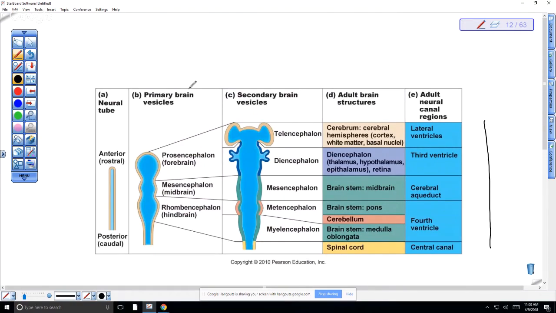And then we have a third ventricle, so that's 1 and 2, since there's 2 of them. We have a third ventricle, which is in the diencephalon. And then we have this little tiny cerebral aqueduct that goes down through the midbrain. And then the fourth ventricle is associated with the hindbrain, the brain stem. So 2 lateral, the third ventricle, the cerebral aqueduct, and then the fourth ventricle.